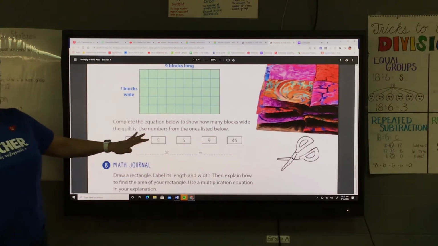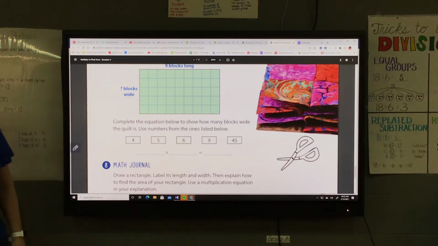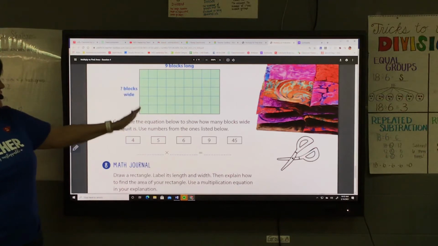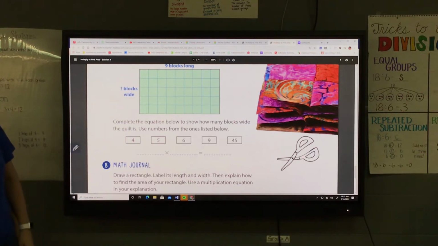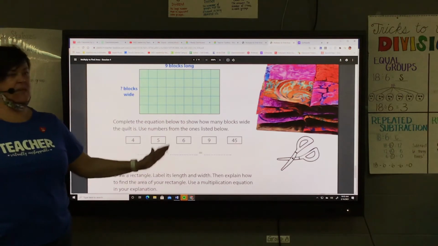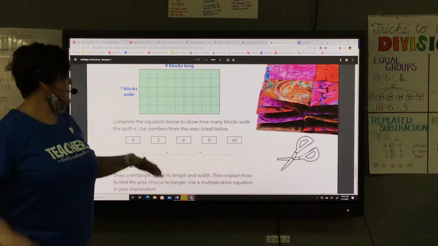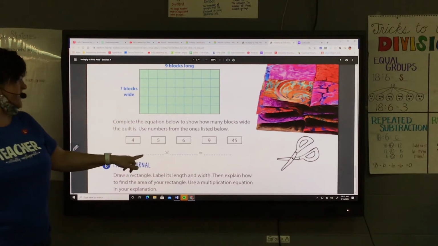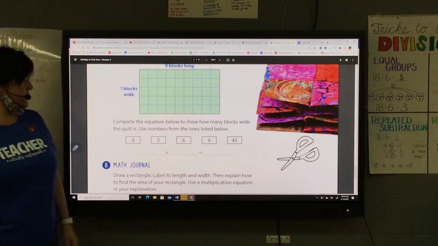Times, look up here, and then write down what the width is based on what they're showing you here. So 9 times what? 5. 1, 2, 3, 4, 5 equals, what's it going to equal?